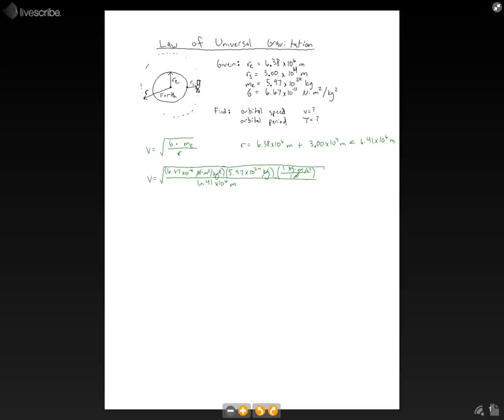So I'm just going to cancel out the meters from our conversion factor and on the bottom to reduce to 1. And so what's left is meters squared over second squared. Whatever value you get here should be meters squared over second squared, but we remember that we have to take the square root.